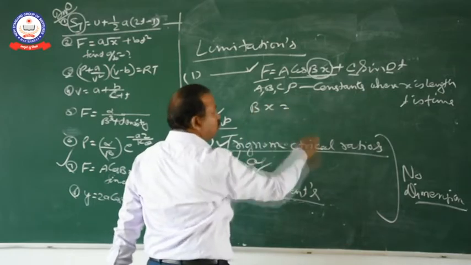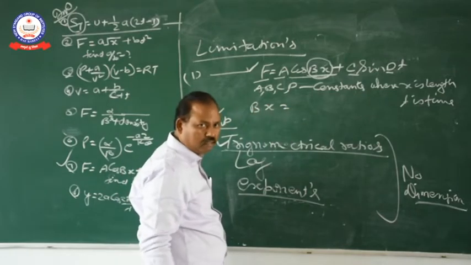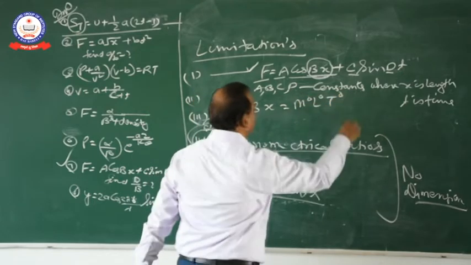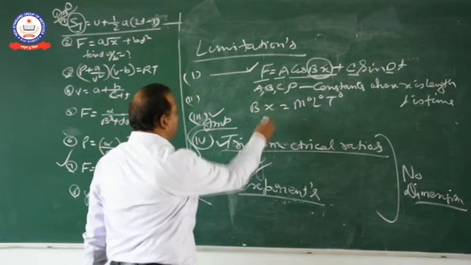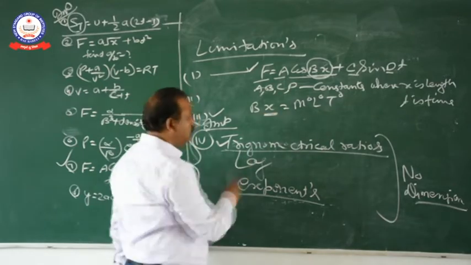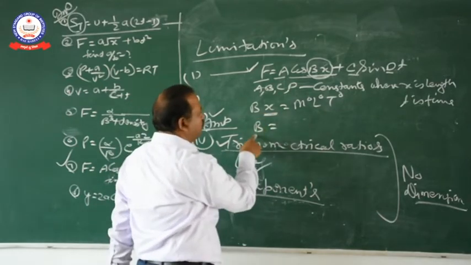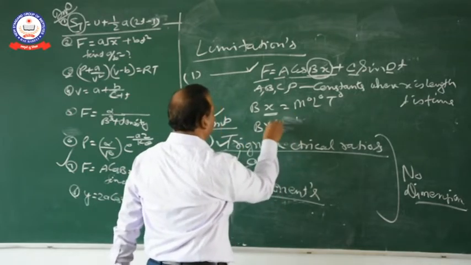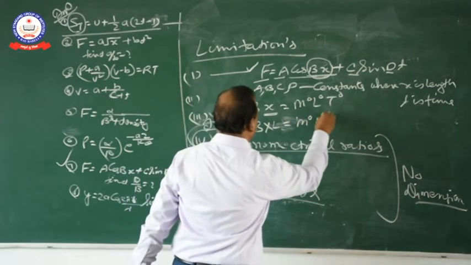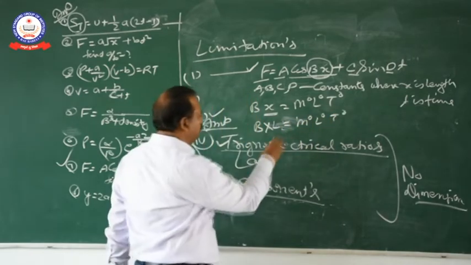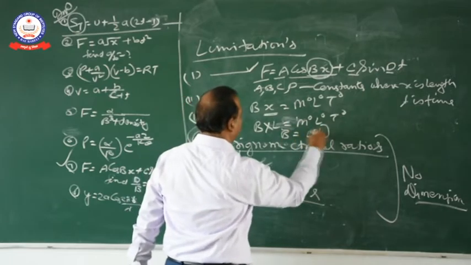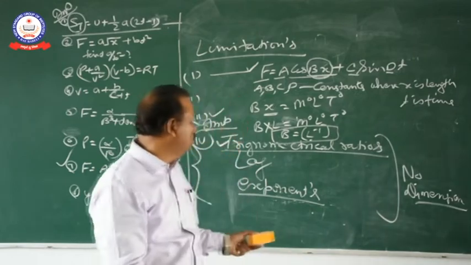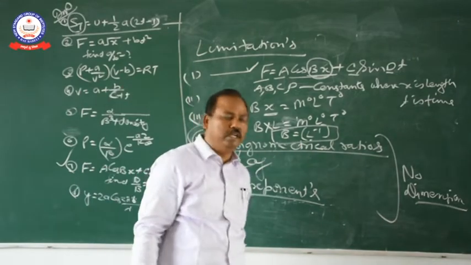So bx is equal to m raised to power 0, l raised to power 0, t raised to power 0. x is length, then the dimensional formula of b is L inverse, or m raised to power 0, l raised to power minus 1, t raised to power 0.